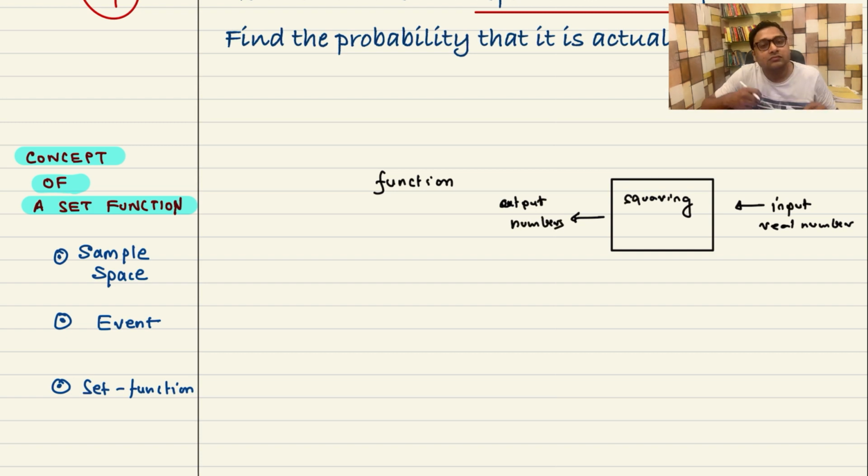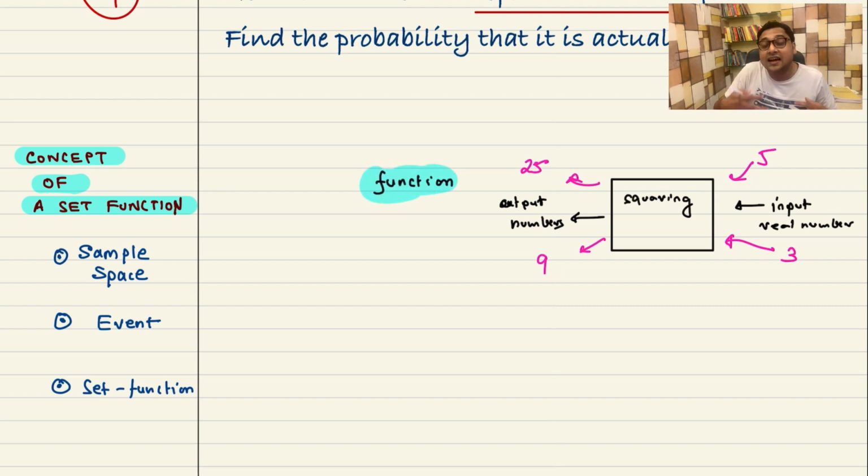I will give you examples. So for example, if the input is 3, the output is 9. If the input is 5, the output is 25. So it's just squaring the input number. The inputs are numbers, the outputs are also numbers.